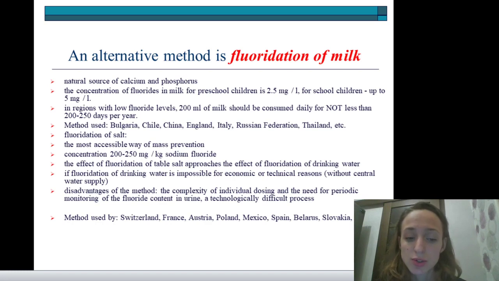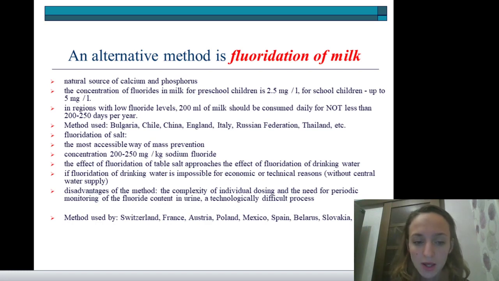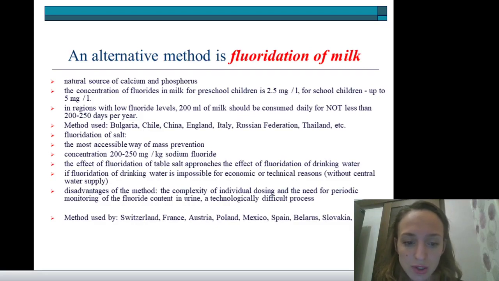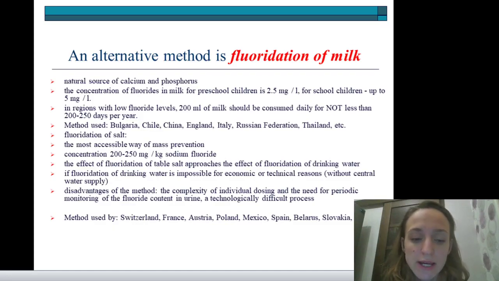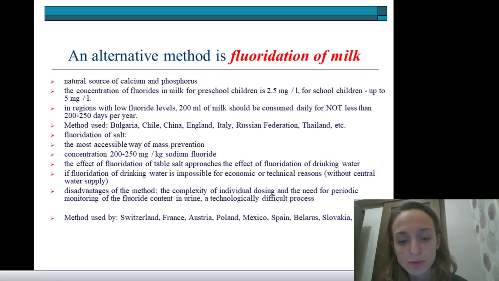Concentration 200-250 milligrams in sodium fluoride. The effect of fluoridation of table salt approached the effect of fluoridation of drinking water. It is used if fluoridation of drinking water is impossible for economic or technical reasons, or, for example, without central water supply.